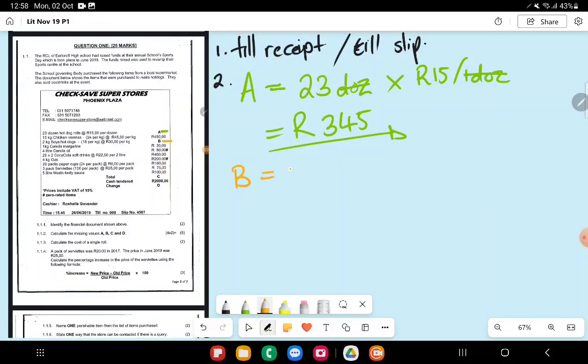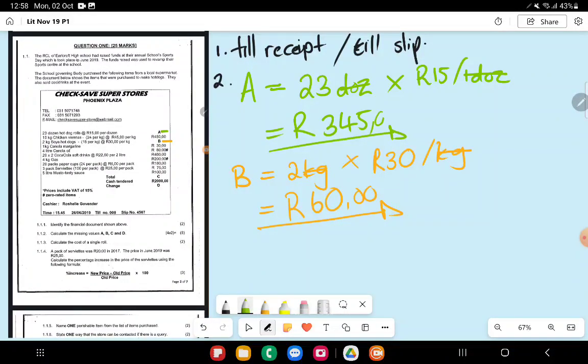So B is equal to 2 kilograms multiplied by a rate of 30 Rand per kilogram. Again, the kilograms cancel out. That gives me a total of 60 Rand for the hot dogs, 60.00 because it's money.